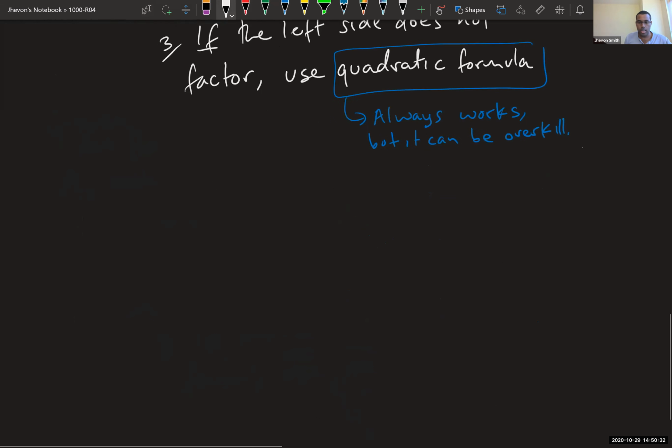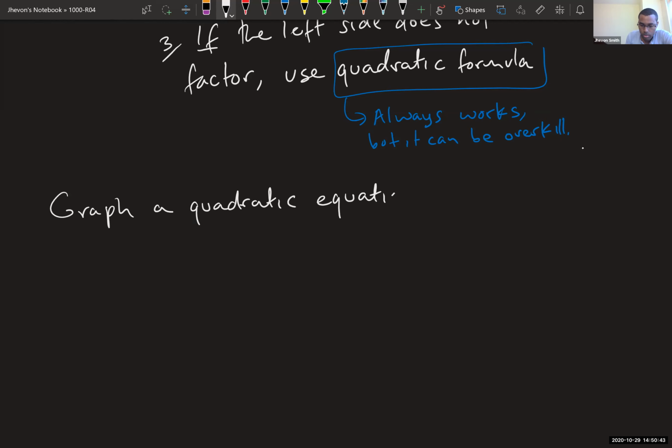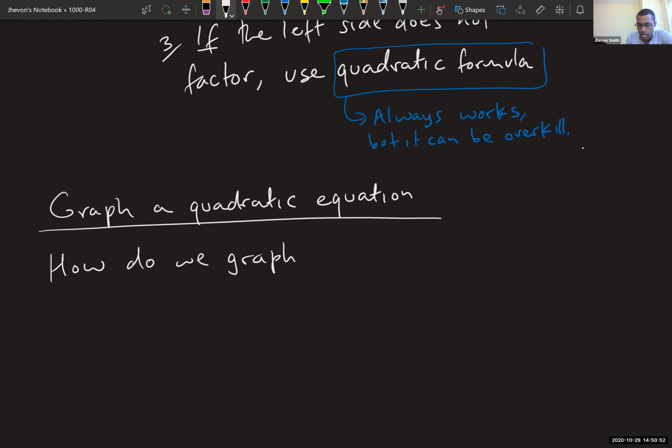Let's say I ask you to graph a quadratic equation. How do we graph? So I gave you like y equals ax squared plus bx plus c.